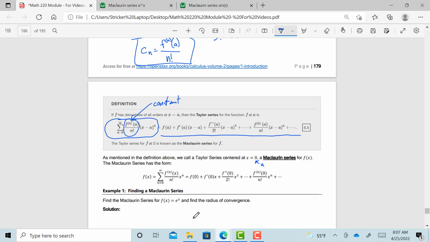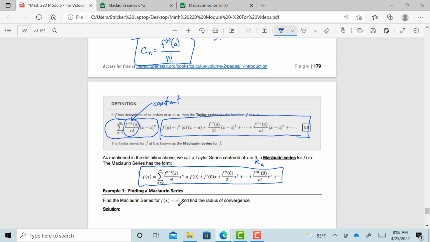And instead of (x minus a) squared, it becomes x squared. And then, of course, our derivatives, so we have f prime of 0, f double prime of 0, and so on. And so right here, this blue box is going to be our Maclaurin series. Notice it's basically just the same as our Taylor series, except wherever there's an a, we have 0.